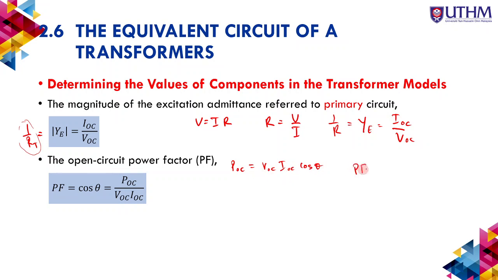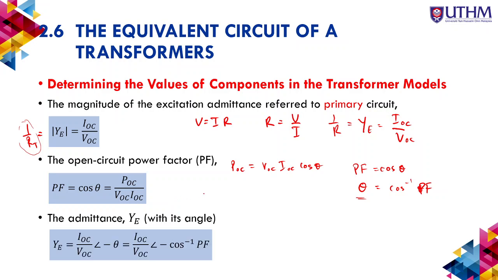So the power factor is equal to cos theta, and then from here we can calculate the PF, the angle. The angle ni tak ada apa, tak ada negatif. So yeah, why we want to measure the power factor? Because we want to measure the angle.